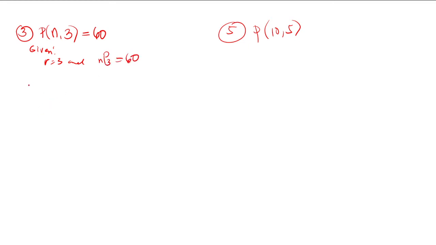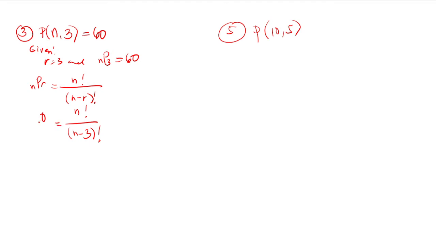Okay? And then we have nPr is equal to n factorial over n minus r, quantity factorial. Substitute, n is still n. nP3, substitute na natin diretso. nP3 is 60 is equal to n factorial over, we have n minus 3, quantity factorial.